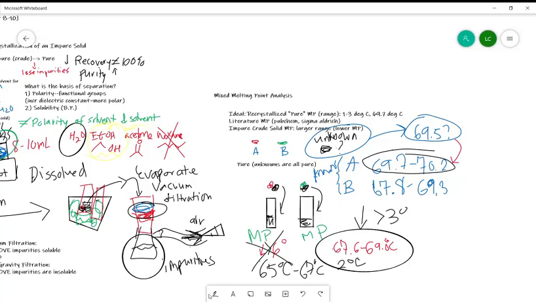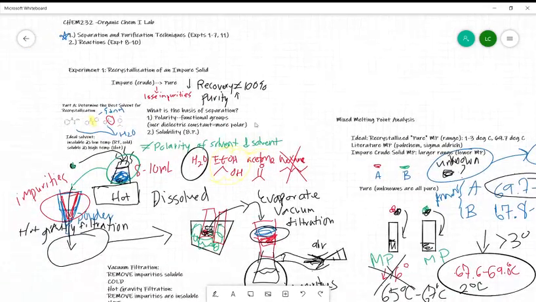Yeah, so one more thing that you probably should know how to do is percent yield. That's pretty much the same thing as recovery. Okay, so basically you should know how to do percent recovery calculations.